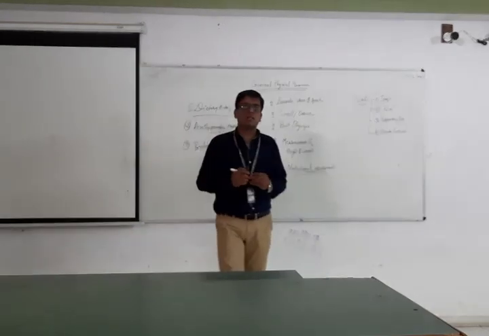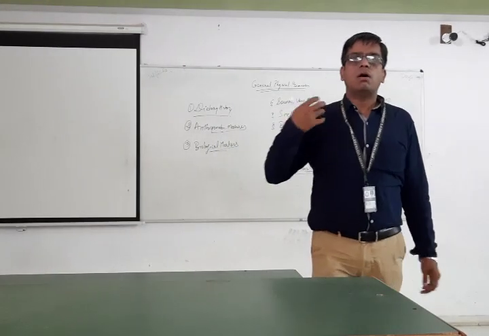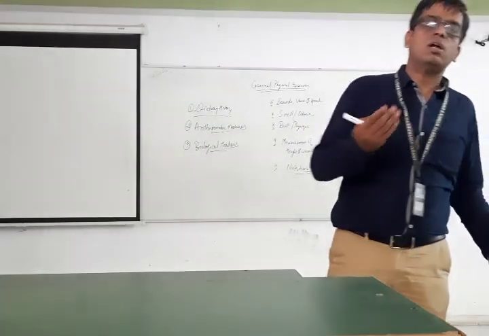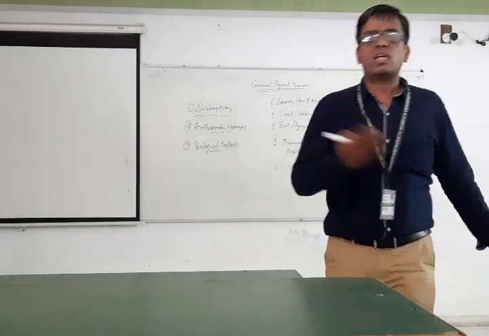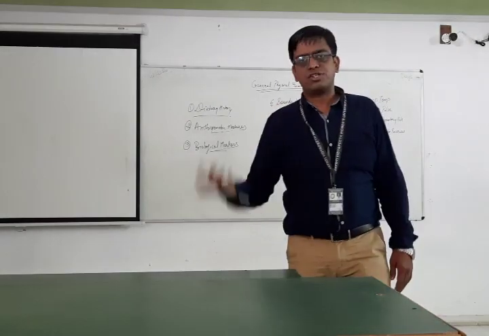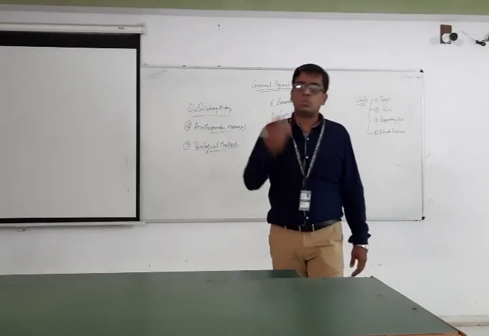Then the third one is various biological markers, like the level of protein or albumin in the blood. The level of ferritin in case of iron deficiency anemia, albumin in cases of protein deficiency in your diet, vitamin D level, vitamin B12 level.